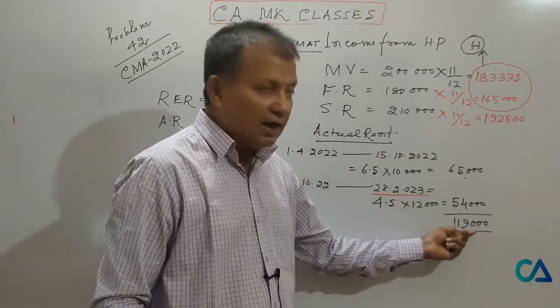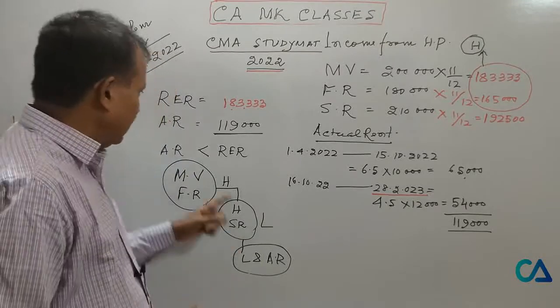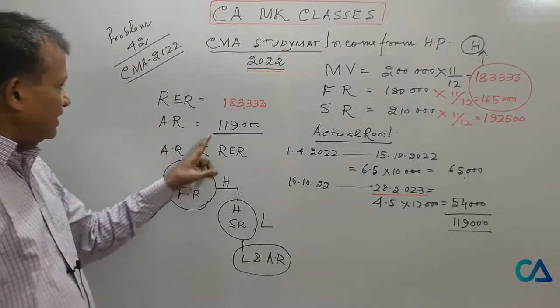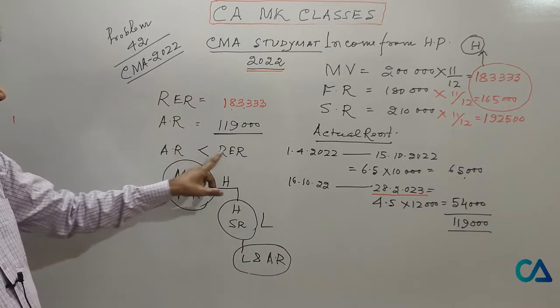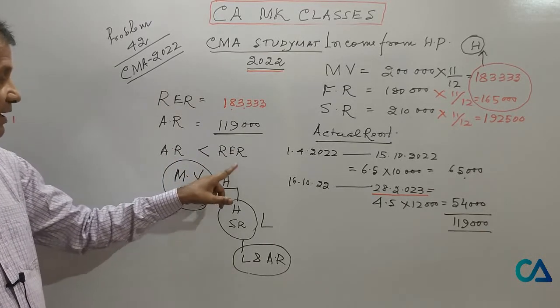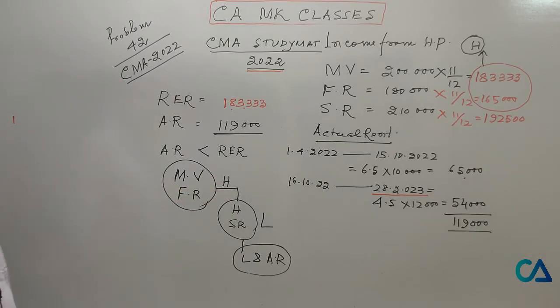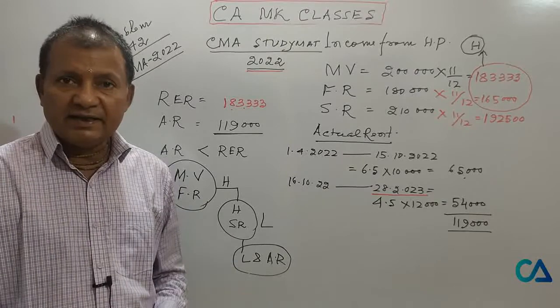Actual rent is 1,19,000, and this actual rent is less than the expected rent, but not due to vacancy. There is no vacancy here.